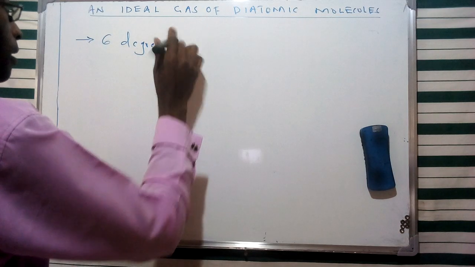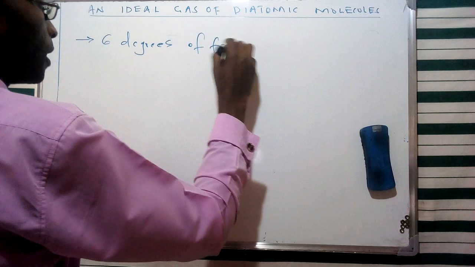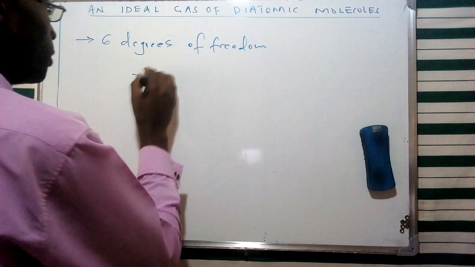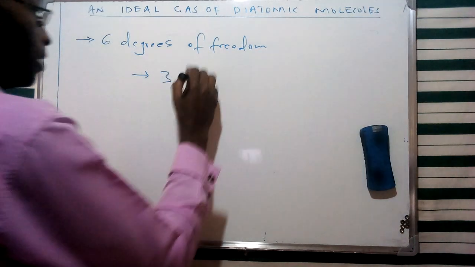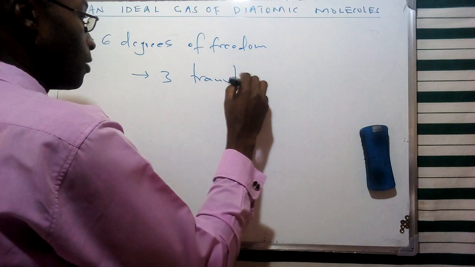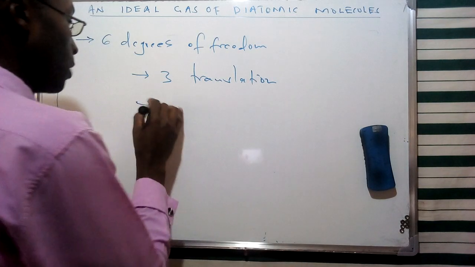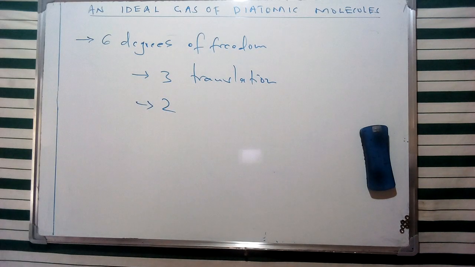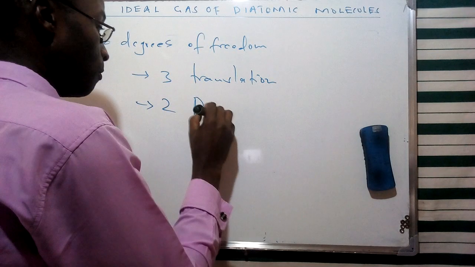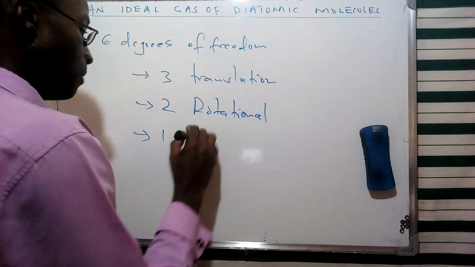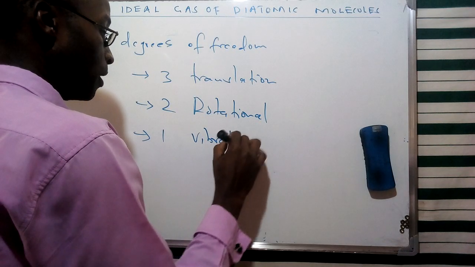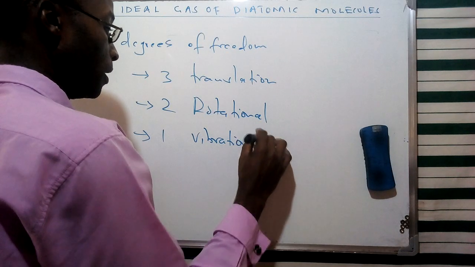These consist of 3 translational degrees of freedom, 2 rotational degrees of freedom, and lastly, 1 vibrational degree of freedom.